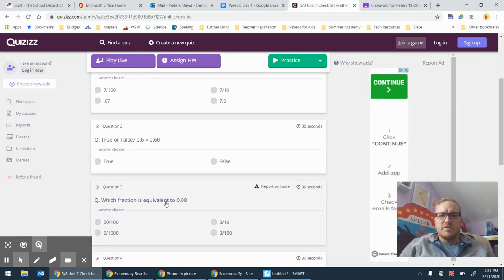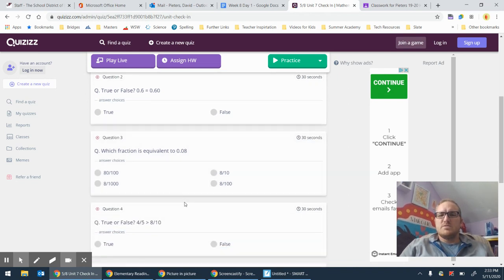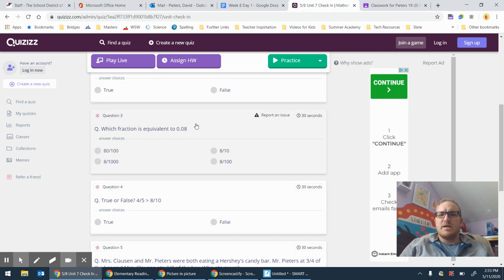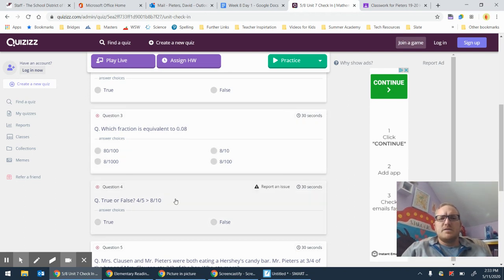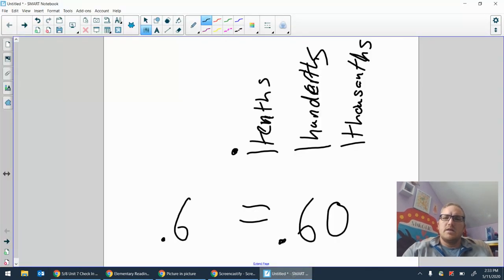Then, which fraction is equivalent to this decimal here? Now, I was taking a peek at some of my students' results, and this is probably the question that most people got a boo-boo on. This is number 4, actually. So double checking there, that 8 is actually in the hundredths spot.